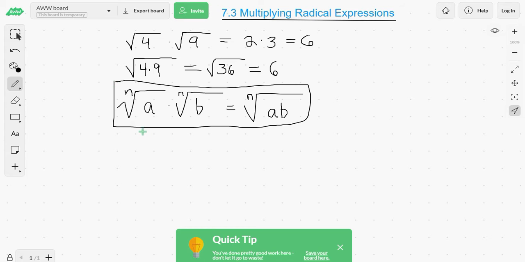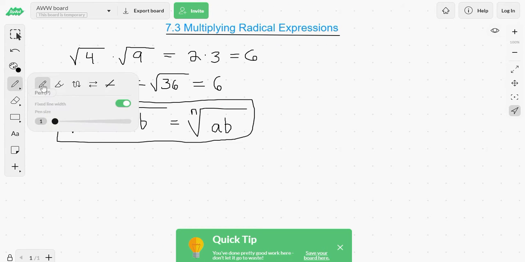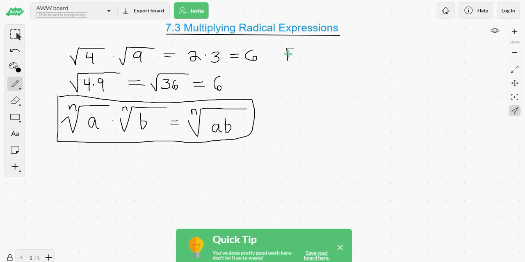Now, let's take a look at some more examples. So I'll pan over to the right. Let's consider the square root of 2 times the square root of 7. Well, we just apply that rule. Remember, no matter what the index is, here it's a square root, so the index is 2.